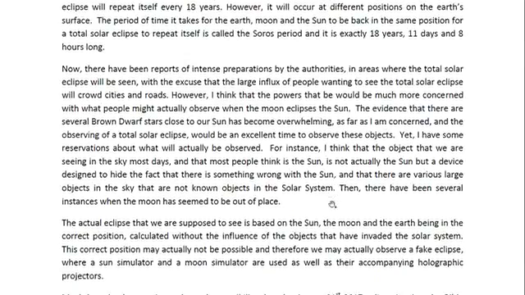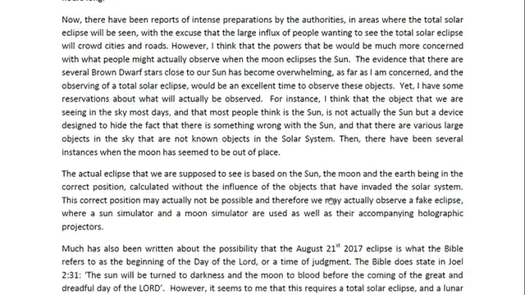The other thing is that the actual eclipse we are supposed to see is based on the sun, the moon, and the earth being in the correct position, calculated without the influence of the objects that we know are now in the solar system. And as we know, people have been reporting that the moon is no longer in its correct position, and it sometimes doesn't move at all for hours.